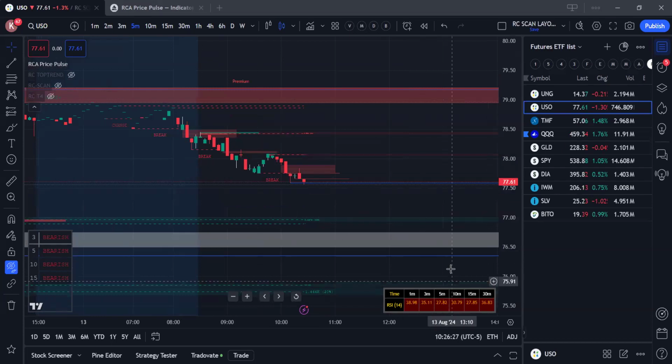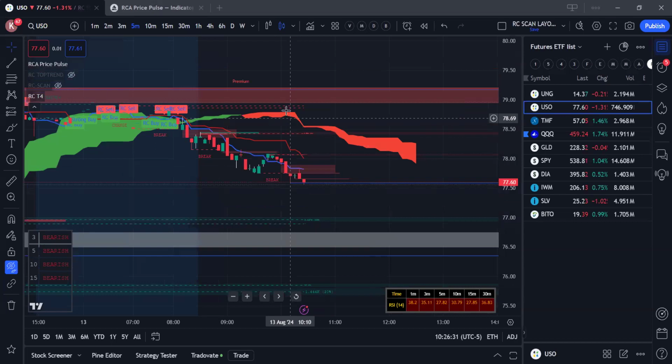Everything is red. It is below the cloud with a sell signal. We would have got in somewhere here and already made huge profits, but it can still go all the way down to 77.